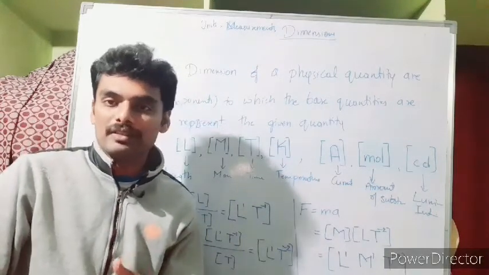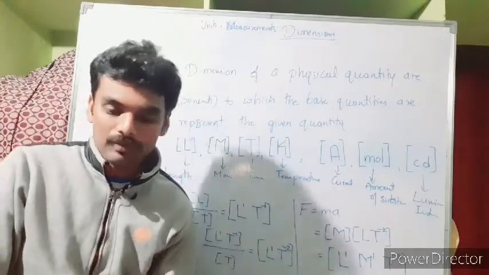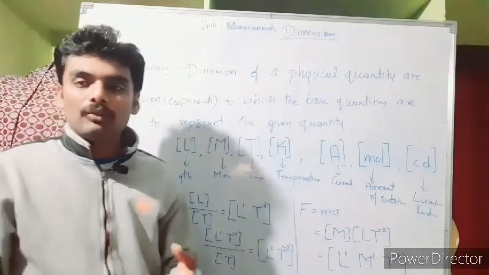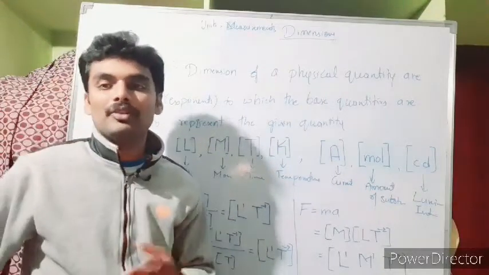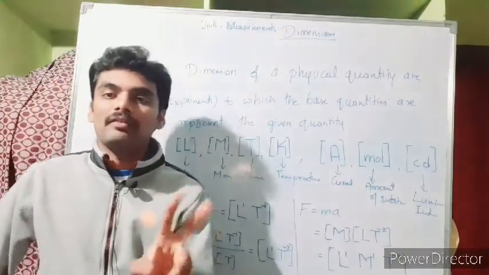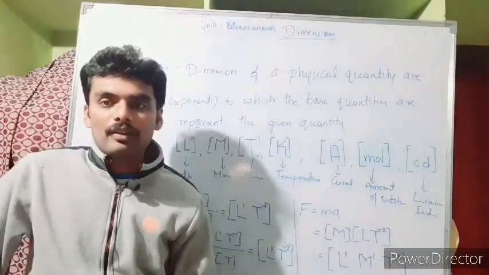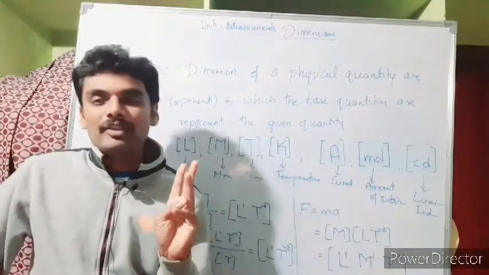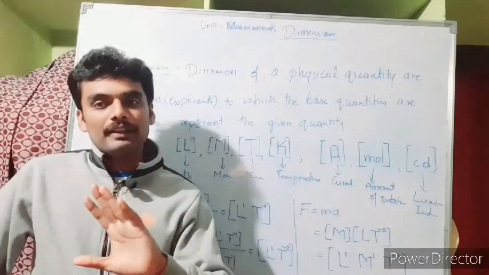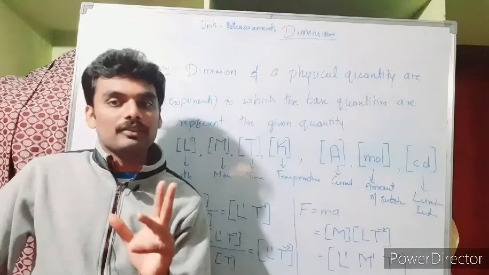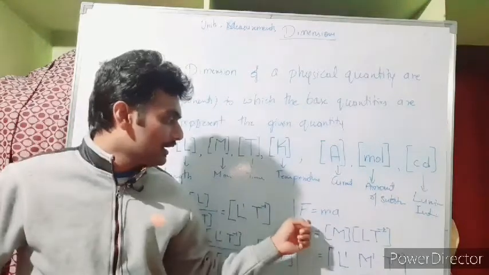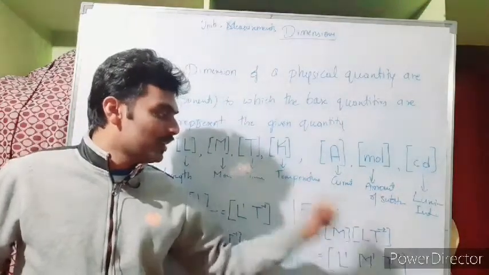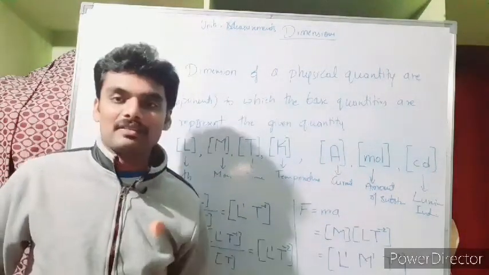Without unit we cannot judge which quantity it is. The unit also helps us in the scale of the quantity, because 1 centimeter and 1 meter are different scales. And dimensions help us in getting the dependence of the quantity on base quantities. So now we can get that force is dependent on base quantities as such.